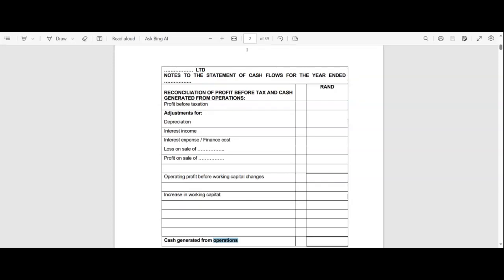I know Mr. Culloden has also drafted very good notes. So we will discuss that at a different stage. So at this point in time, ladies and gentlemen, before we actually carry on, I know we are almost done for today, but before we carry on with this whole topic of the statement of cash flows, are there any questions on the format?